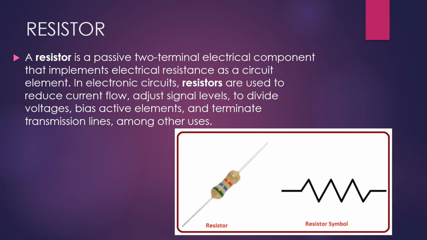If you have a high voltage, not through but across the resistor, there's going to be a voltage drop. So the resistor will help you to reduce that voltage, as well as biasing active elements and terminating transmission lines, amongst other uses. I hope you guys understand that.